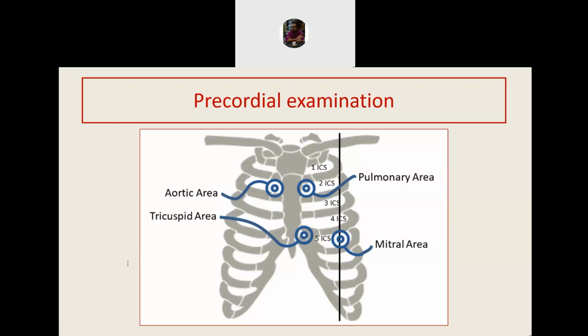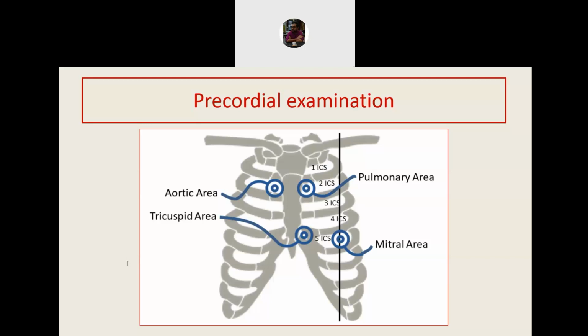So mitral area is not the area below which there is mitral valve. Aortic area is not the area below which there is aortic valve. These areas represent those surface points on the precordium where sound from that valve is best audible.